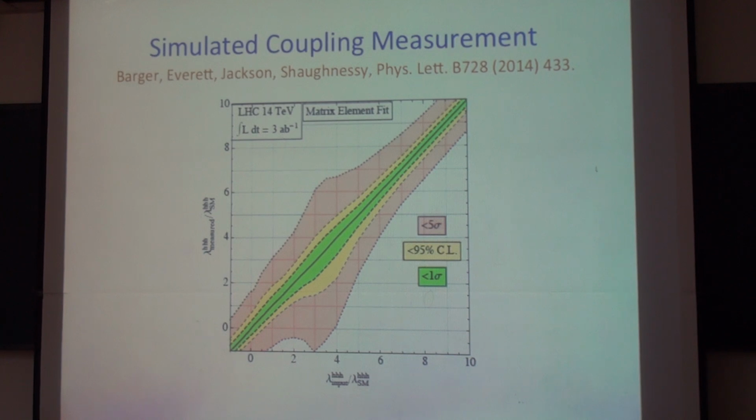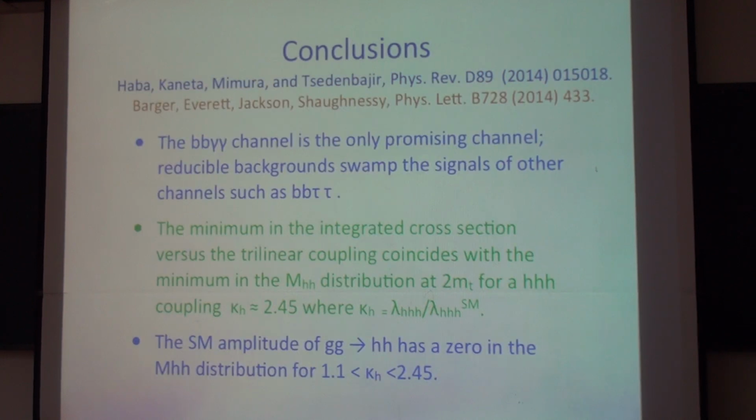Okay? So now let me draw some conclusions, and I should mention that at lunch, George told me that Nimura and the collaborators also did a study for trilinear coupling and Higgs pair production.